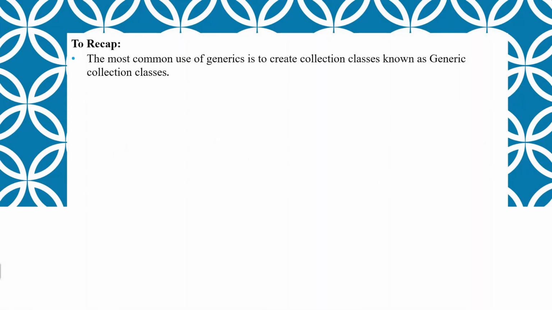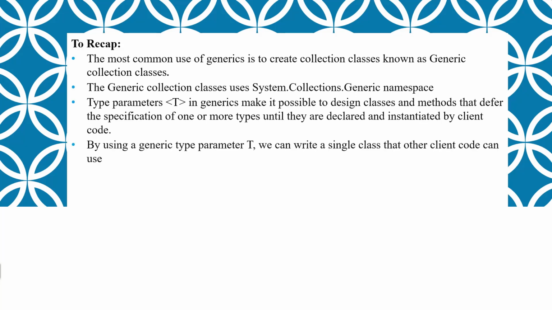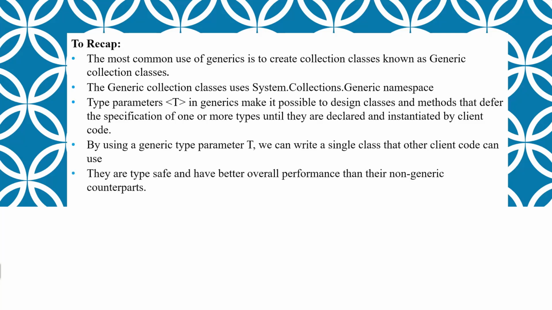Finally, to recap, the most common use of generics, as we have seen, is to create collection classes known as generic collection classes, which use the System.Collections.Generic namespace in Visual Studio. Type parameters T in generics make it possible to design classes and methods that defer the specification of one or more types until they are declared and instantiated by the client code. By using a generic type parameter T, we can write a single class that other client code can use.